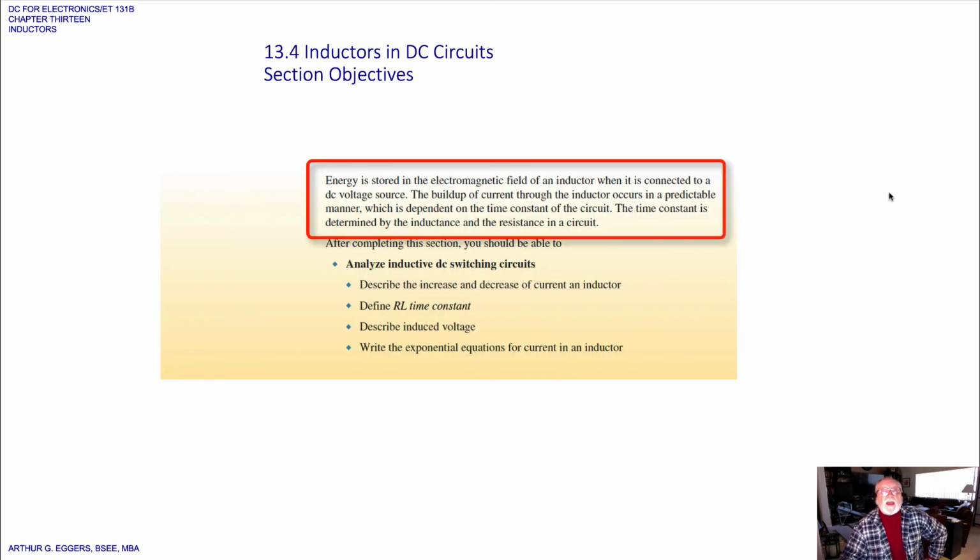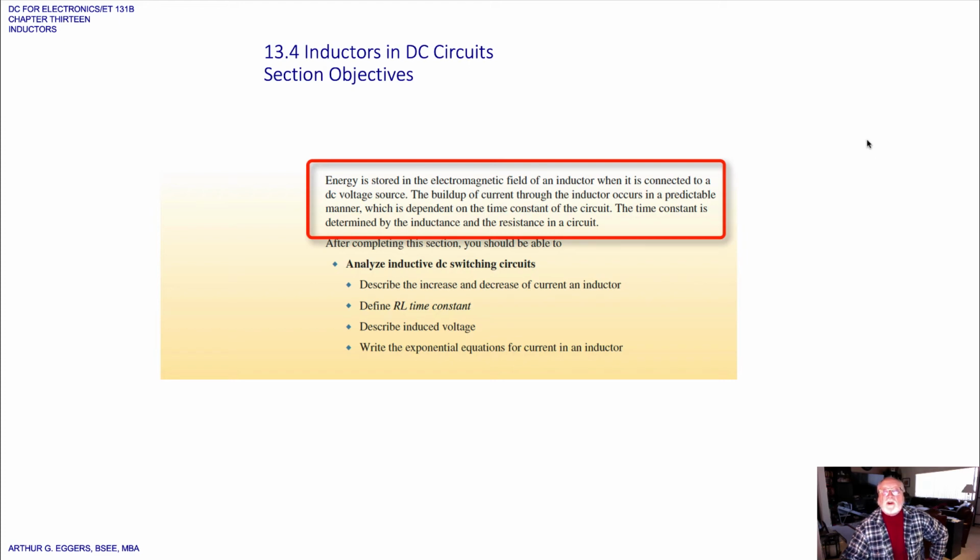So looking at inductors in DC circuits, we need to start looking at how we handle inductors in a circuit that might include other components like resistors to start with. Energy is stored in the electromagnetic field of an inductor when it is connected to a DC voltage source.